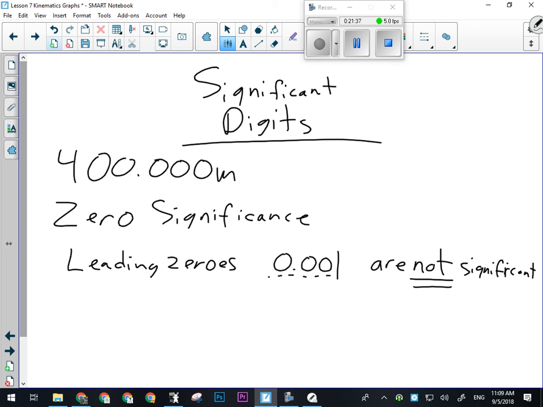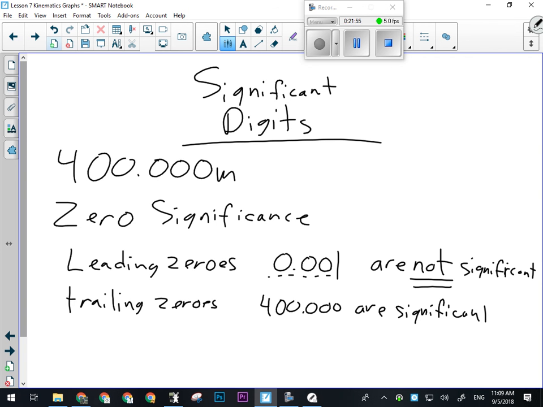Okay. Trailing zeros, that would be like the one we just looked at, are significant. Always. Because I wouldn't write those zeros if I hadn't measured them.